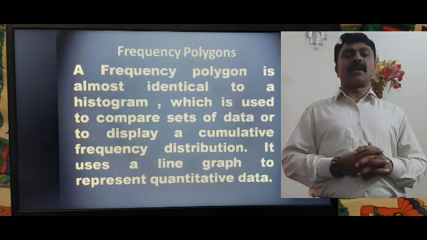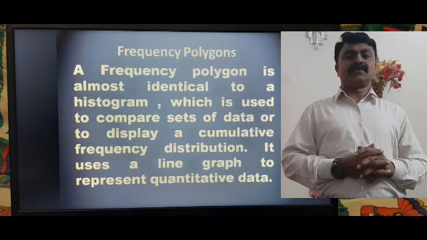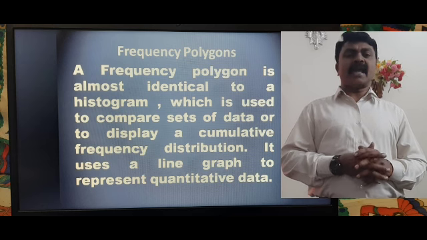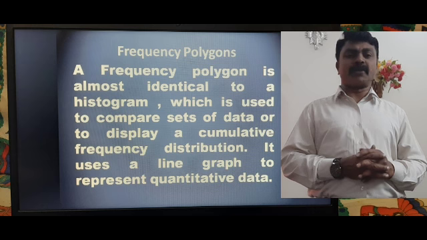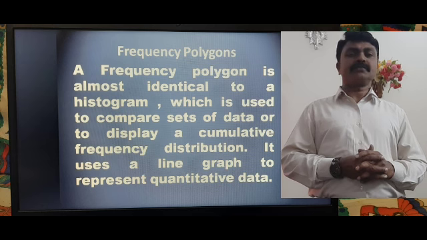Then you plot the y-axis as well as the x-axis, and then vertical. Then we join the points one by one with lines. Then only we can get both the histogram and the frequency polygon. But here we have to understand what we mean by frequency polygon.